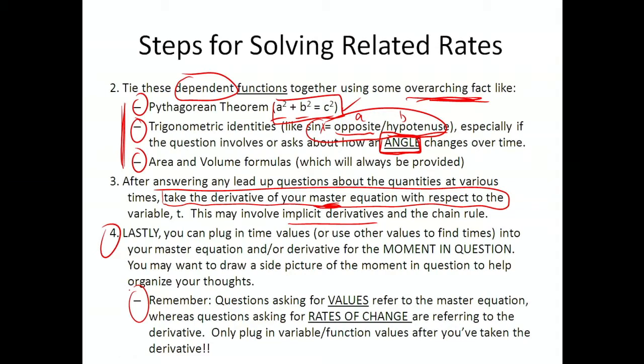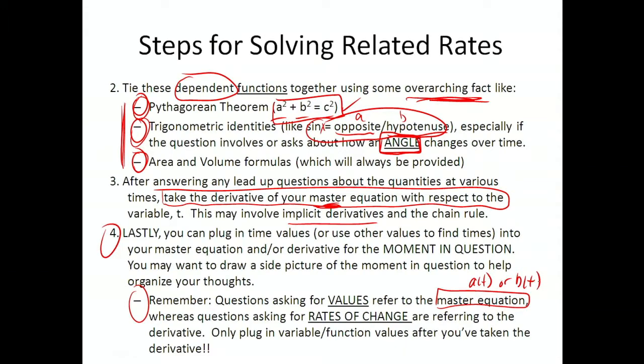Remember, if a question is asking you how big or how long or how whatever, the value of something, that's talking about the master equation, whichever one of these three you're in. Those are things like A of t or B of t.